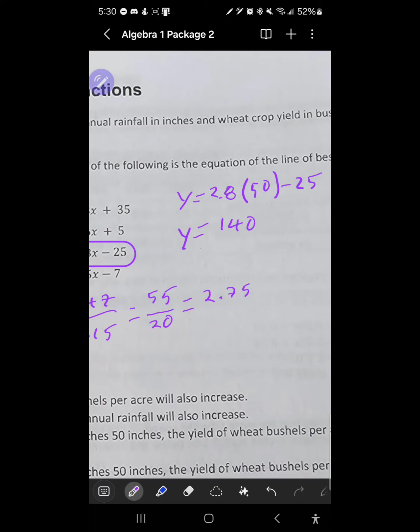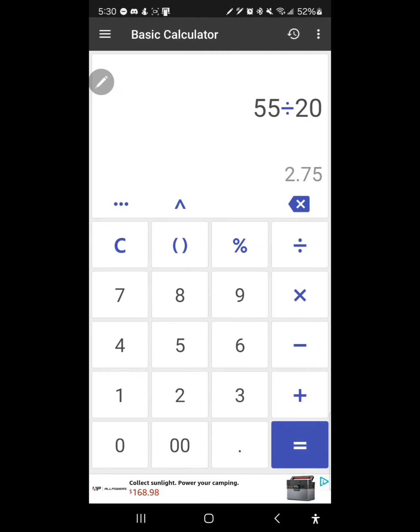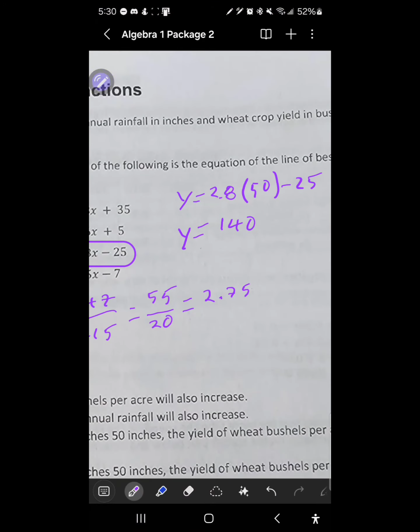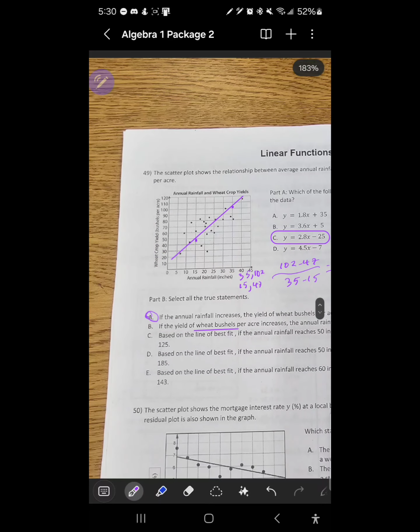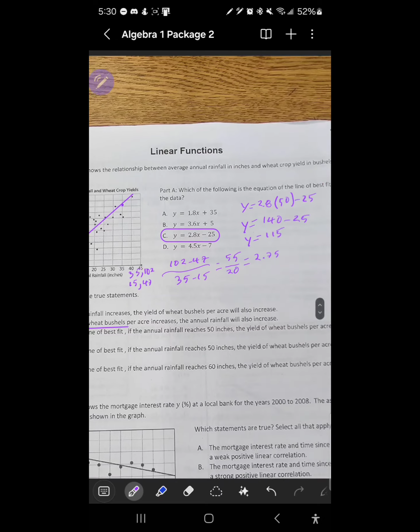So y equals 2.8 times 50, which should be 140. Yes, 140 minus 25 will equal 115. And when we come here, 125, okay, 185 is way too high.